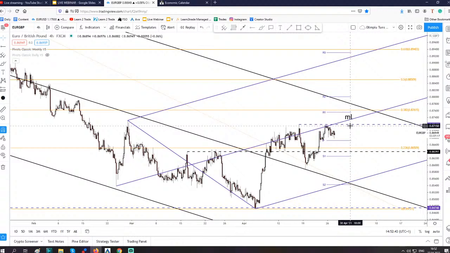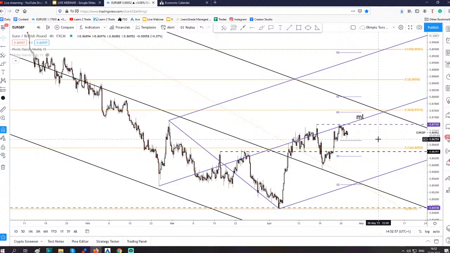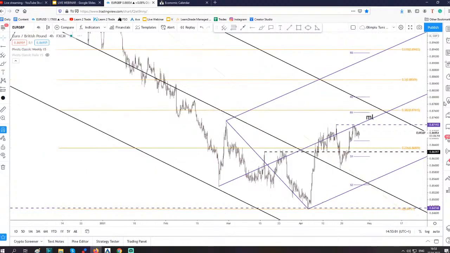The price has registered only false breakouts above it, so personally I'm waiting for a valid breakout above it, and maybe for a valid breakout above the upper medium line of the major descending pitchfork before considering going long here. And if we have a setup here, a new signal, you will get it, guys, in the VIP Telegram group.